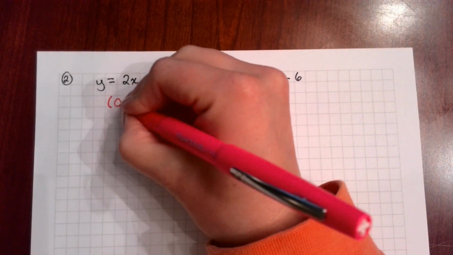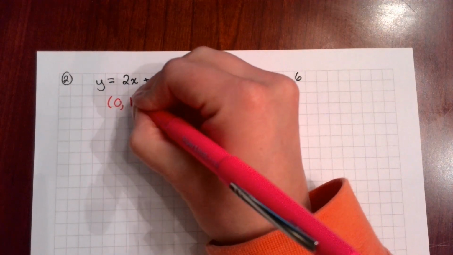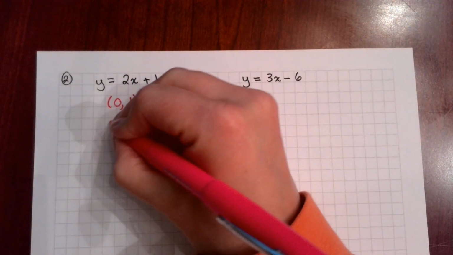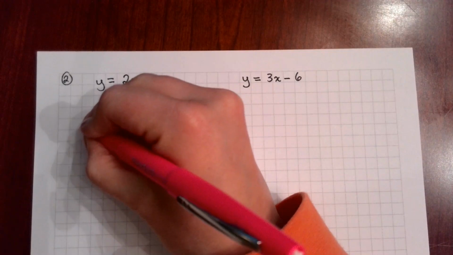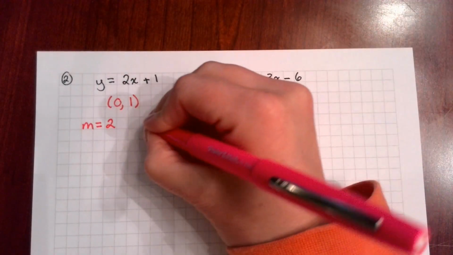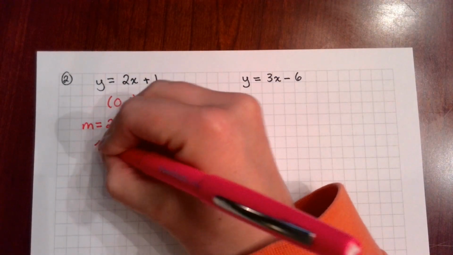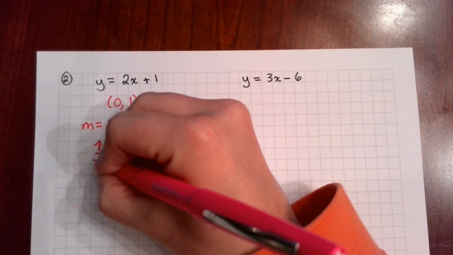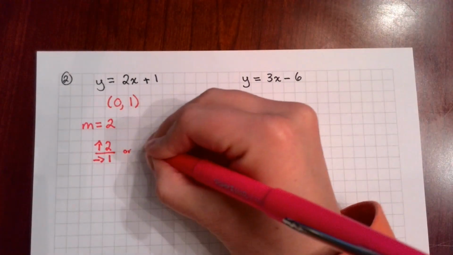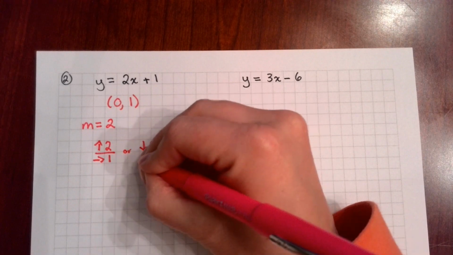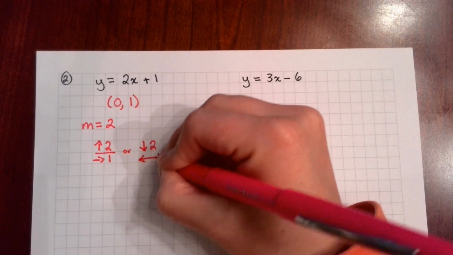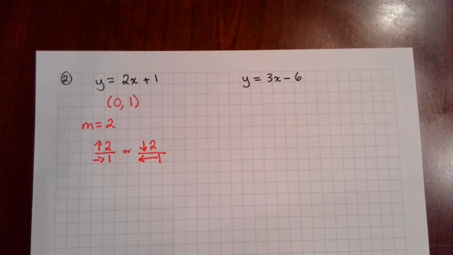The y-intercept for my first one is at (0, 1), and the slope is 2, which means that I can go up 2 to the right 1, or I'm going to go down 2 and then to the left 1.